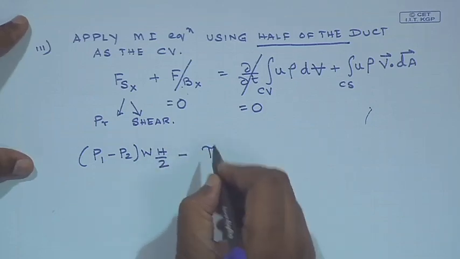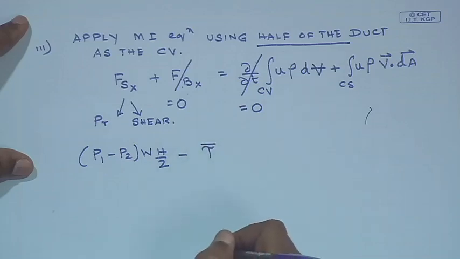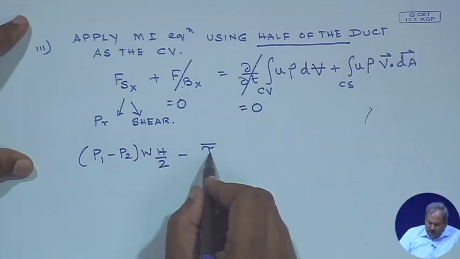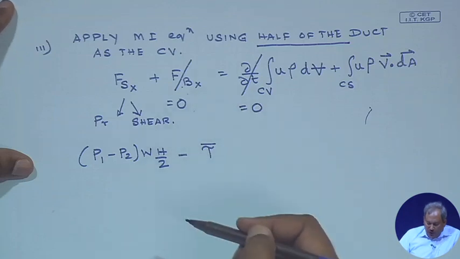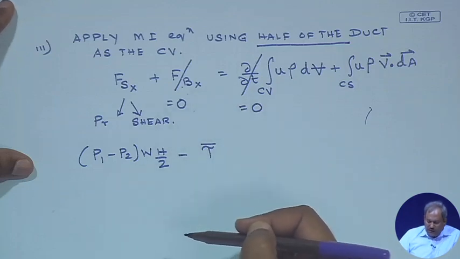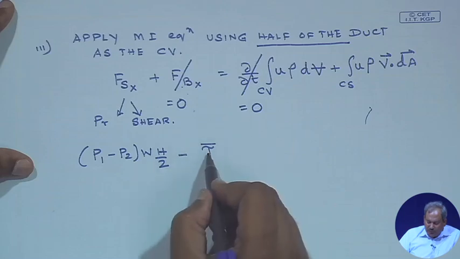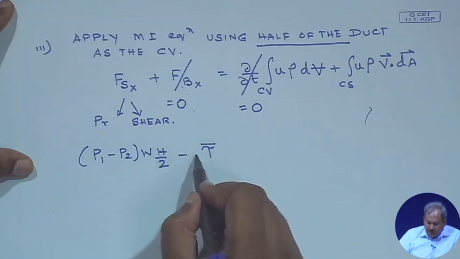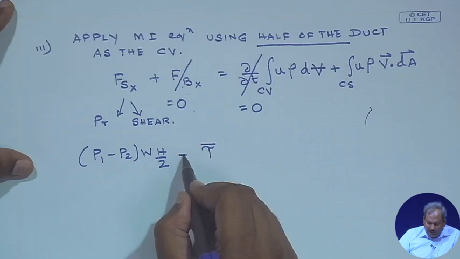If the average wall shear stress is tau bar, the force exerted due to shear on the control volume would be equal to minus tau bar, because wall shear stress is exerted on the wall. Therefore, the wall is going to exert a force equal but in opposite direction, opposing the flow, and that is why we have this minus sign.